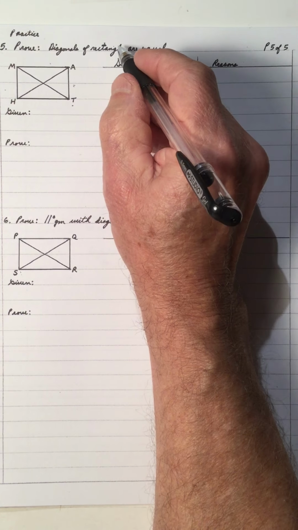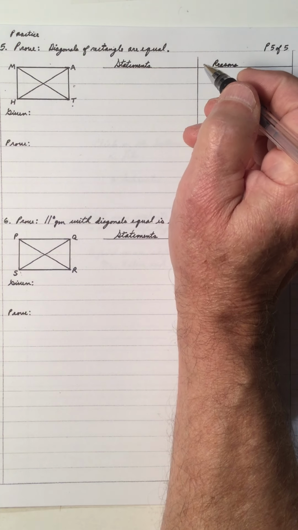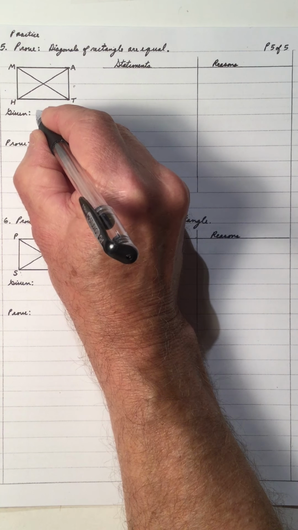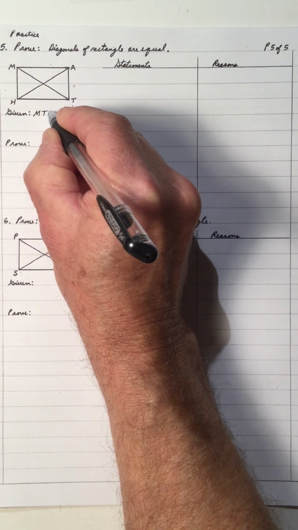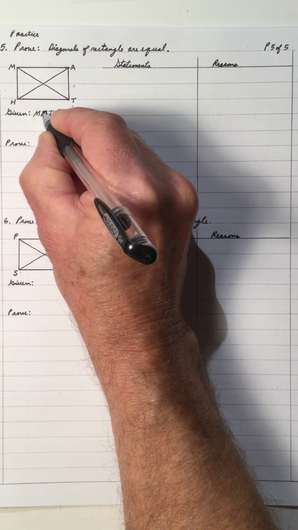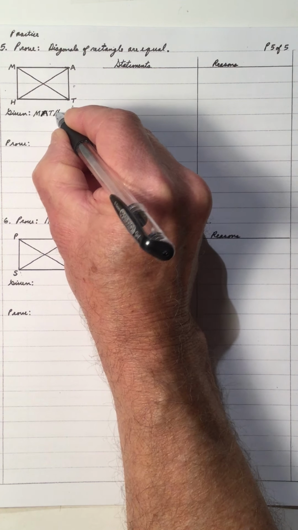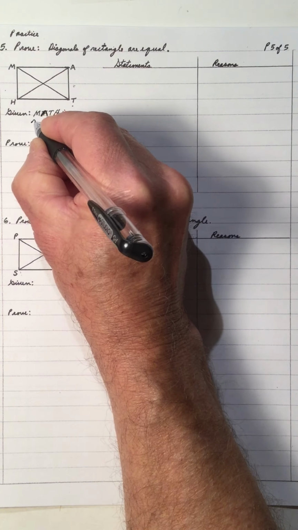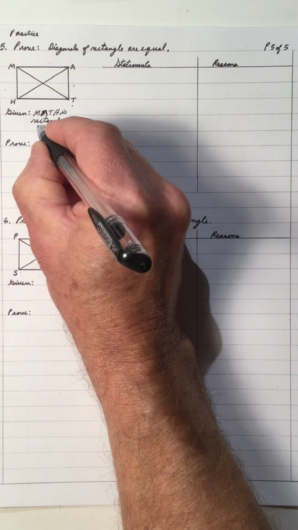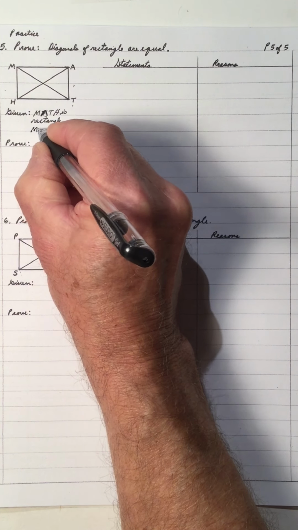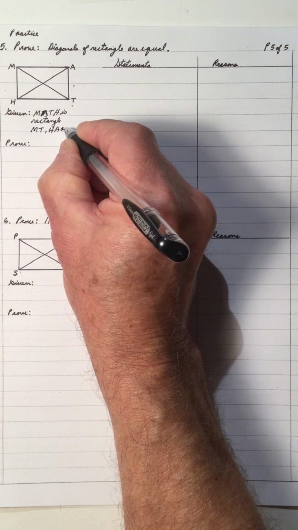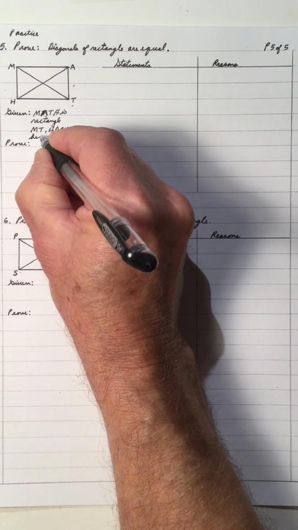Prove the diagonals of a rectangle are equal. So the diagonals of a rectangle, that means MATH is a rectangle, and MT and HA are diagonals.